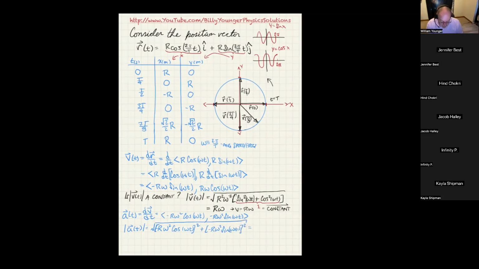Okay. Did you guys get the same thing for the acceleration being negative r omega squared cosine omega t, negative r omega squared sine omega t?